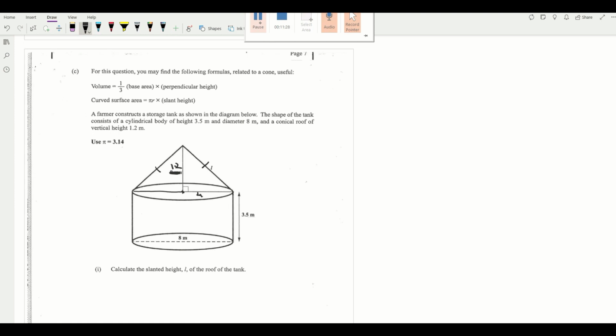So I would say 4 squared plus 1.2 squared would give you my vertical or slanted length squared. So that's 16 plus 1.44 is equal to L squared.